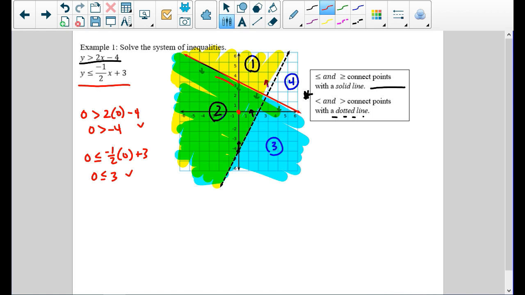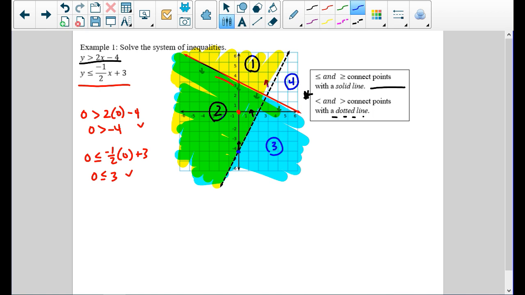Now, when I look at this, let's use blue here. If I have a point on this dotted line, is it part of my answer? The answer is no. Dotted line again is not included.